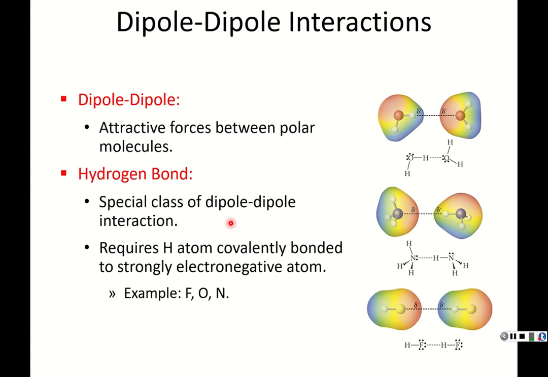It's actually the strongest. It requires a hydrogen atom that's covalently bonded to a strongly electronegative atom, something like a fluorine, an oxygen, or a nitrogen. Those are the atoms that connect to the hydrogen that allow it to have a hydrogen bond. And some types of hydrogen bonds are shown here.